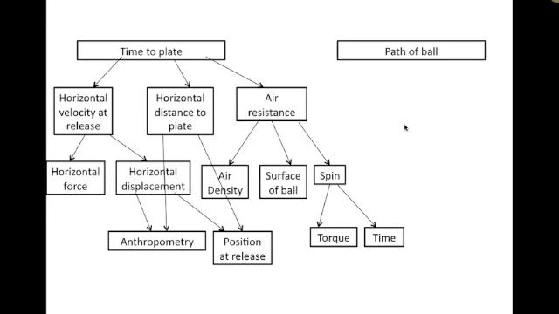Horizontal velocity of the ball at release is the most important factor in determining the time it takes a pitch to reach the plate. Most of the characteristics of a pitcher's technique are directed at maximizing this factor. At the start of a pitch, the ball is stationary in the pitcher's hand or glove, as mentioned earlier in this presentation.